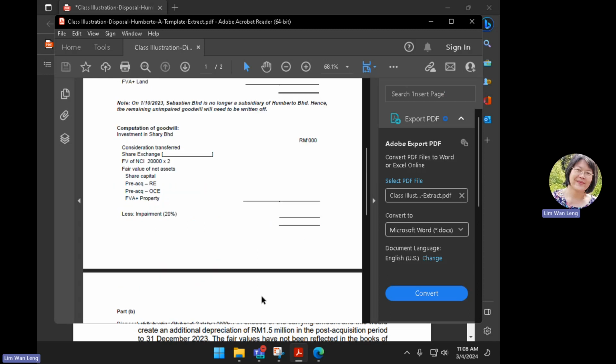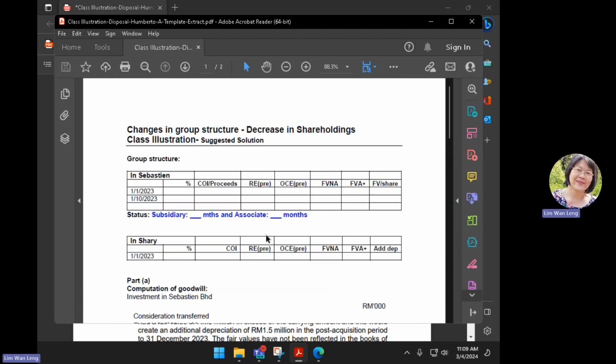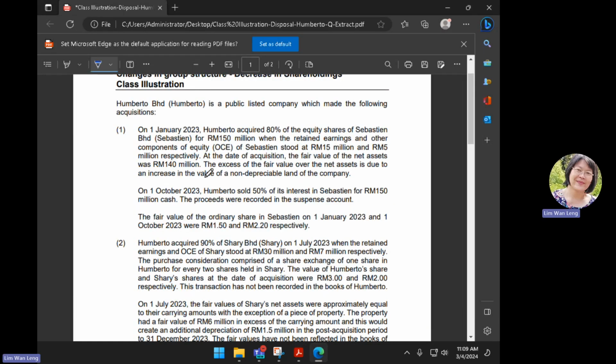You have this pro forma, so you can start to fill it in. For the exercise, maybe you can do it later. But this is the pro forma that, when you read the question, you can fill in. Is that okay? All right, so we just look from here.